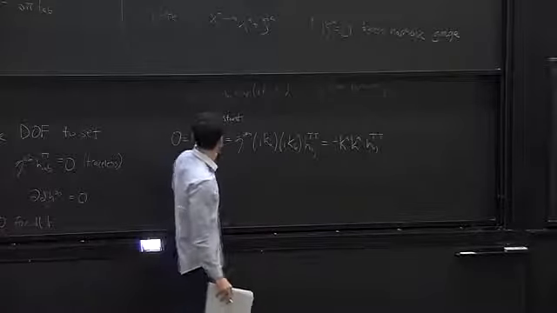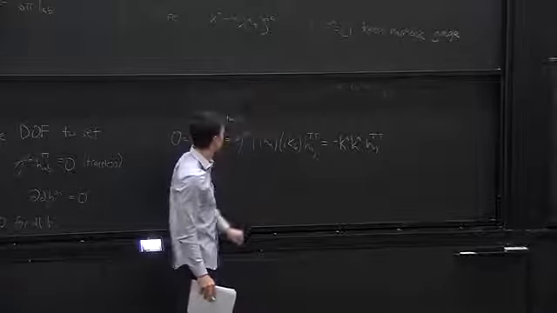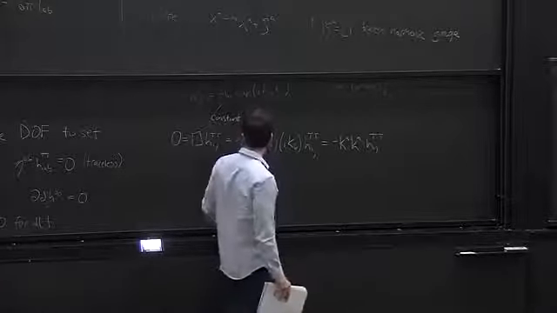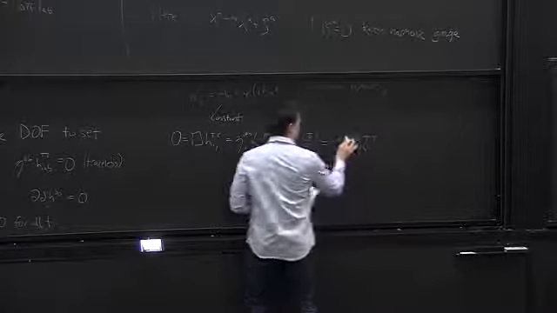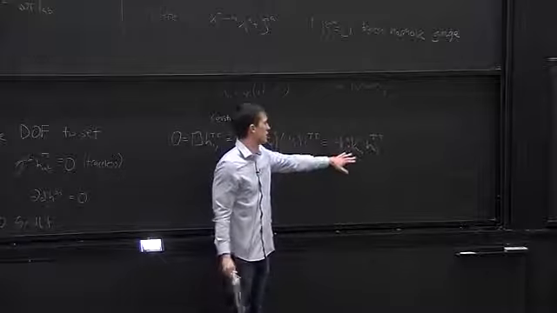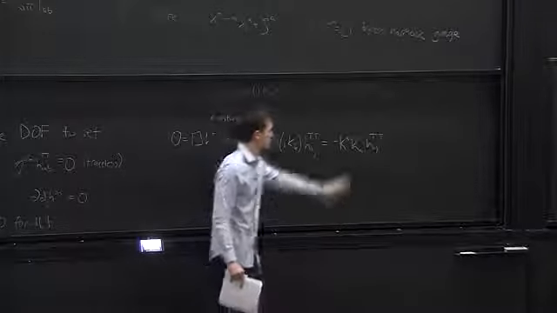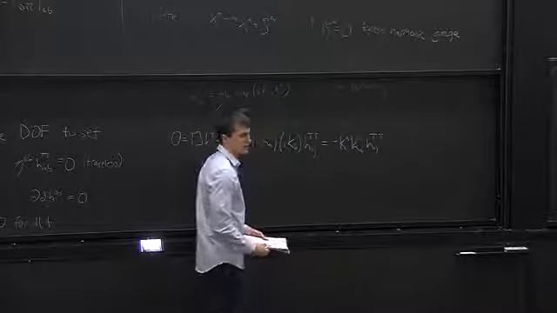Each of these derivatives will just pull down one of these factors of k_a. And then we basically get that k_a contracted with itself times our metric perturbation is 0. So if we want to have a non-trivial metric perturbation, we need k_a to be null.